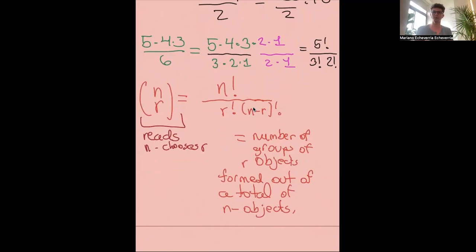So in this example, what we were computing is what you would call 5 chooses 3. This means, if you have 5 objects to begin with, how many groups of 3 can you make?